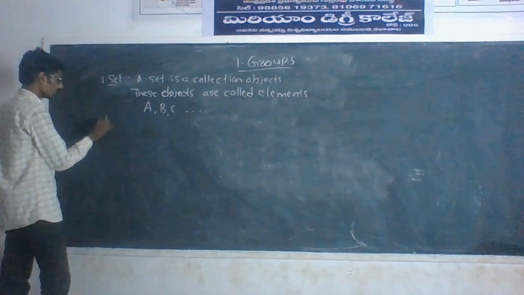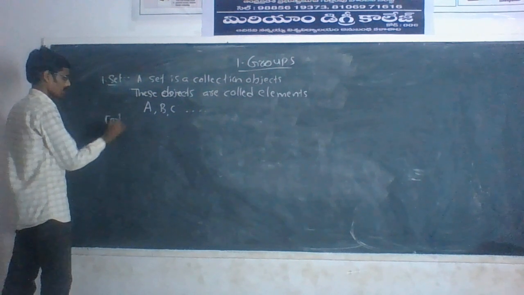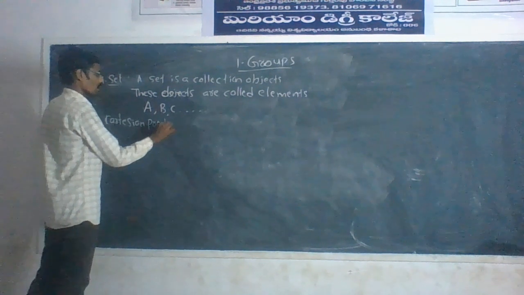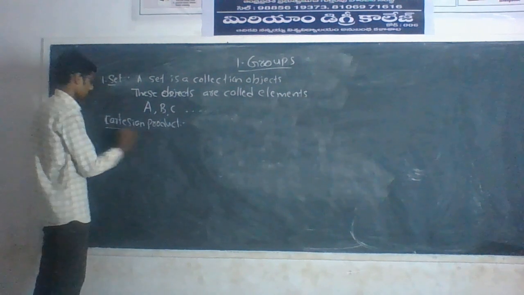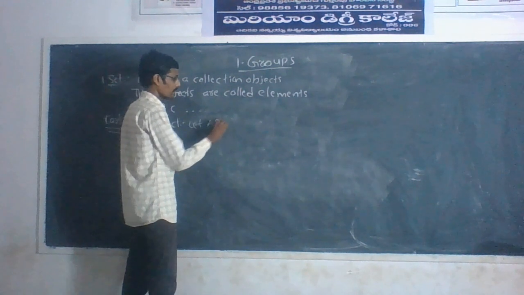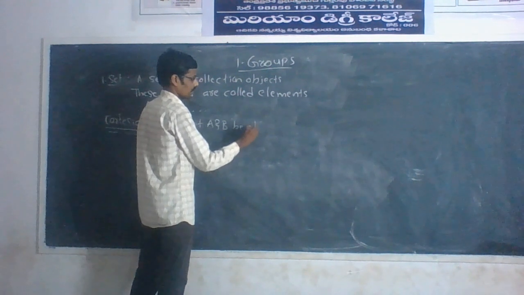Second one, Cartesian product. Let capital A and capital B be two sets.